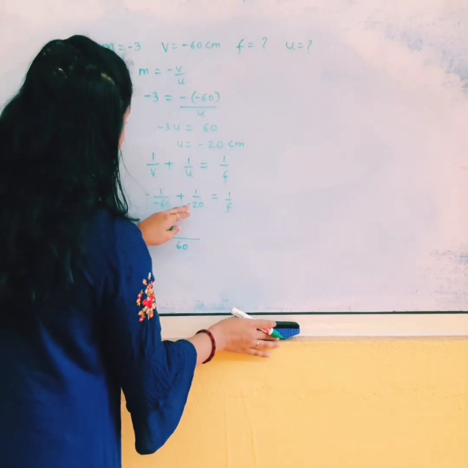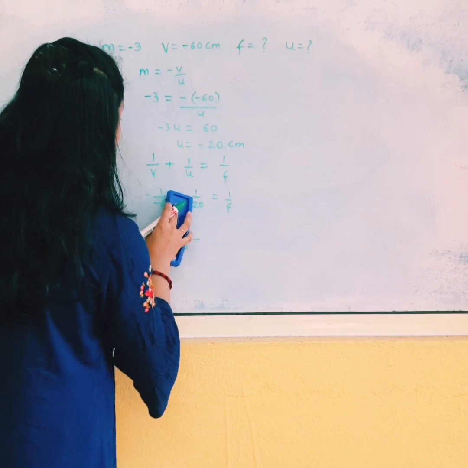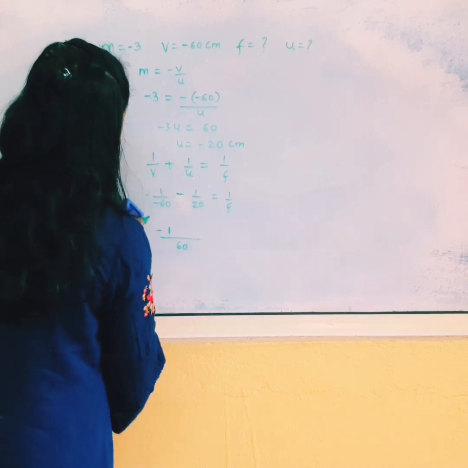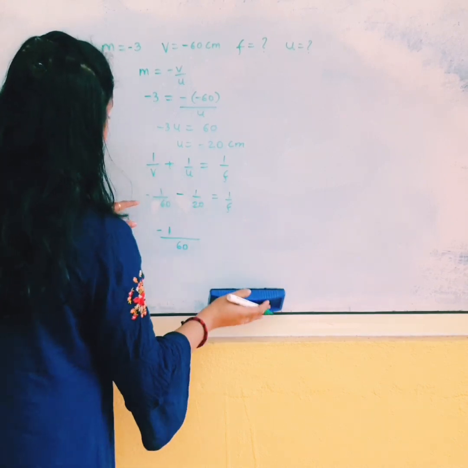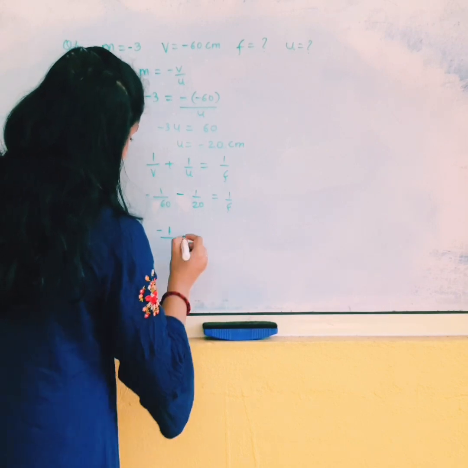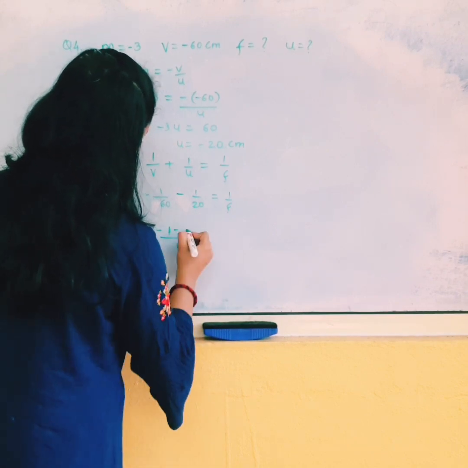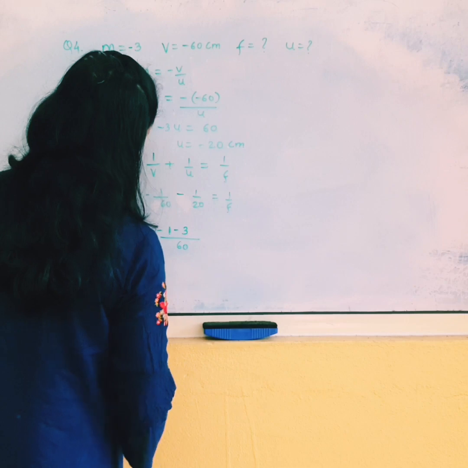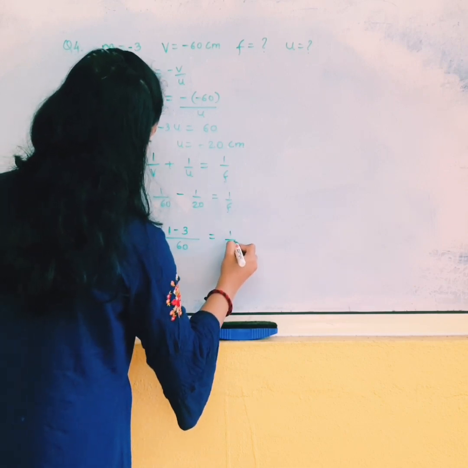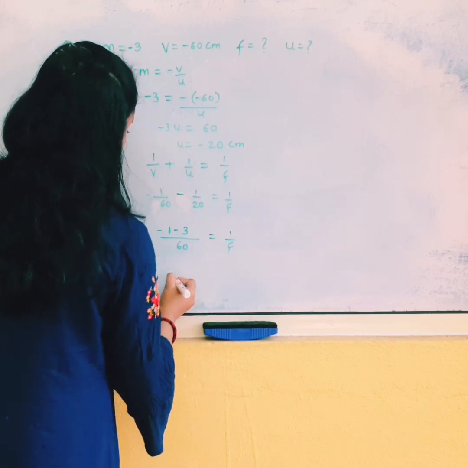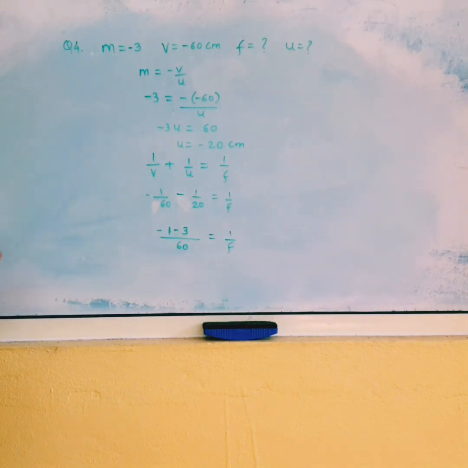This plus into minus will be minus. Here it is minus. So in the numerator you have negative 1, negative 3 upon 60.